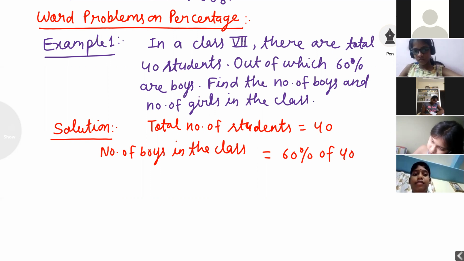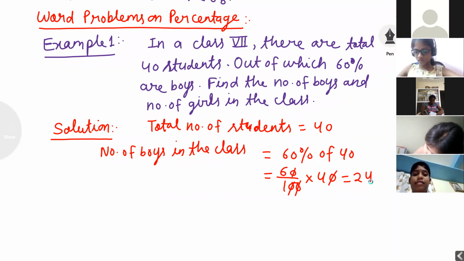Now 60% of 40 means 60 by 100 into 40. 10 and 10 cancel, 6 4s are 24. If 40 students are there and 24 are boys, then how many girls are there? 40 minus 24, 16.